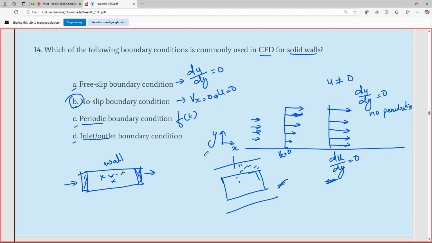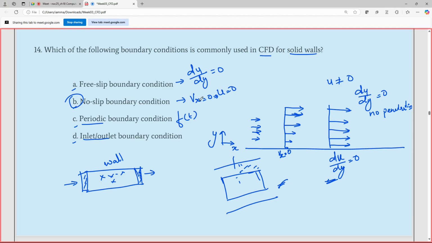Or also, if you go a little deeper, there will be some scenarios where we can't apply the wall condition in some regions, when you are doing porous media calculation or some other calculation.